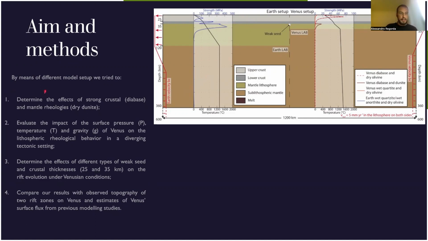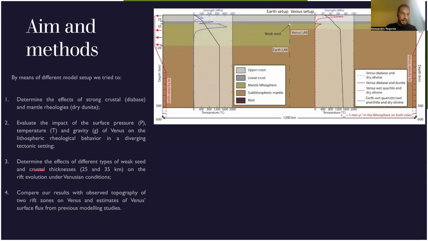So in this presentation, I will show you at first the effect of stronger rheology for the crust and the mantle in the case of Earth conditions. After that, I will show you some results introducing the pressure, temperature, and gravity of Venus using the crust rheology of the Earth, so weak rheology.